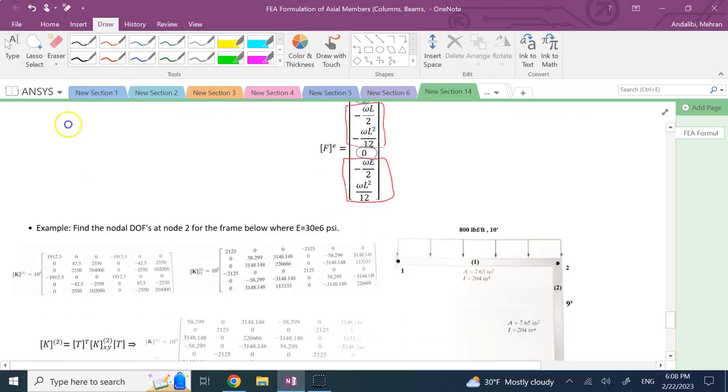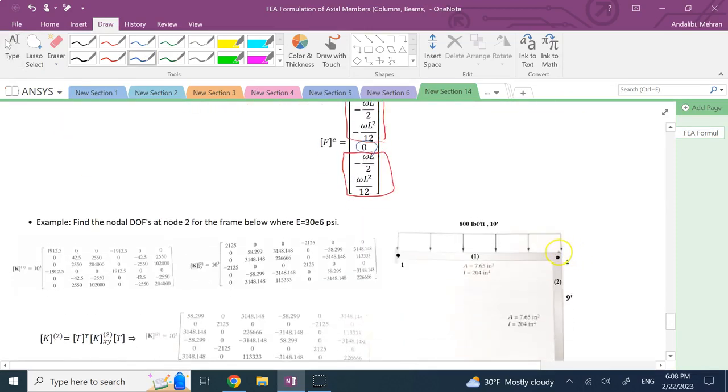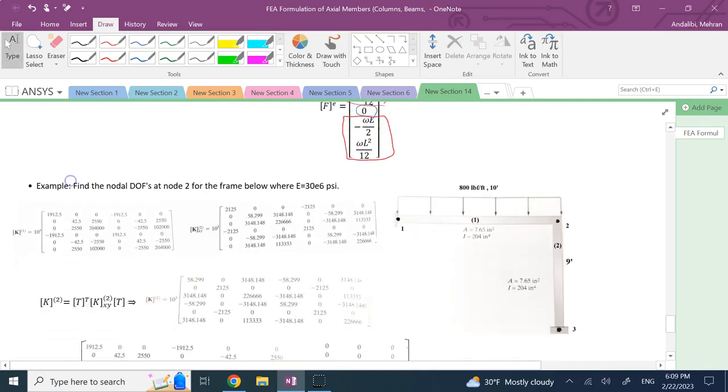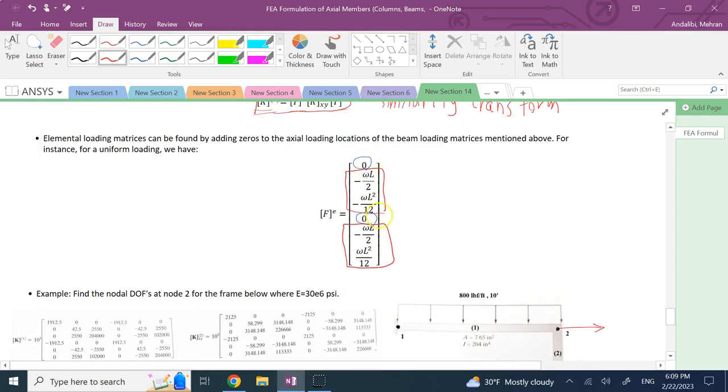If on the frame at any node there is an axial force, you have to fill those and not leave them zero. So it's useful for a frame like this, in this example, that you see that at nodes 1, 2, and 3, there is no horizontal force. Now, if I come here and plug in some force like that, which is aligned with member 1, 2 here, then I would add that for the end node of member 1.